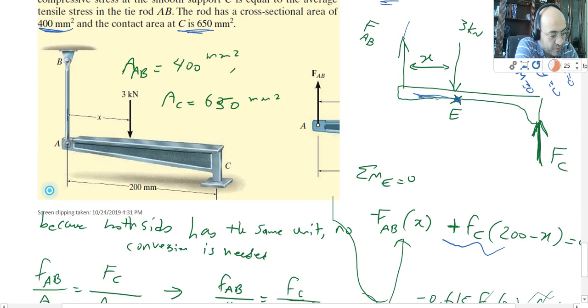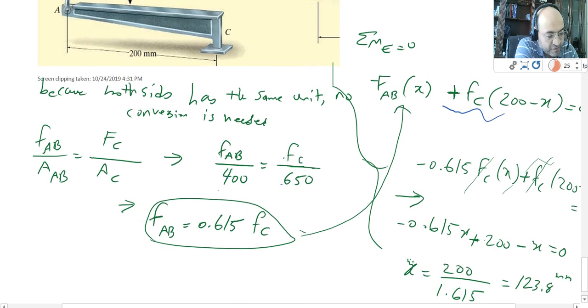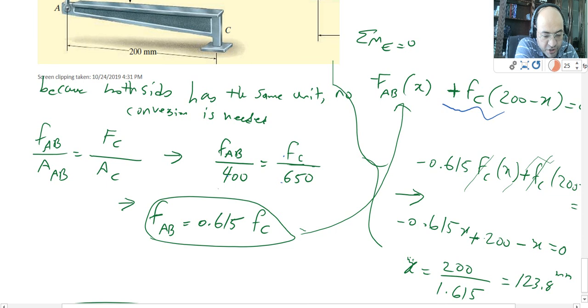So I'm going to get to this equation: F_AB over 400 is equal to F_C over 650. If you simplify it, you get to this relationship. Then I can use this relationship in that equation for moment to calculate the x. So that will be easy to go.